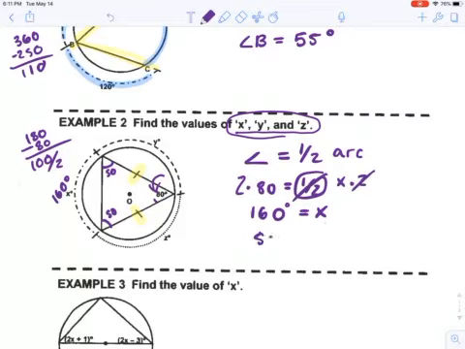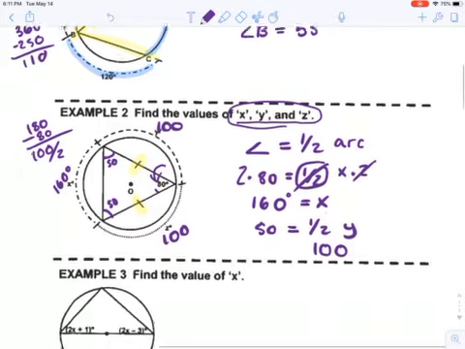So in this case, 50 is half of y? Well, half of what number is 50? Half of 100. 100, and again, z is congruent, so it's 100. And one way to check your work is you're going to add them all up. 100 plus 100 plus 160. Does that equal 360? Yes, it does.